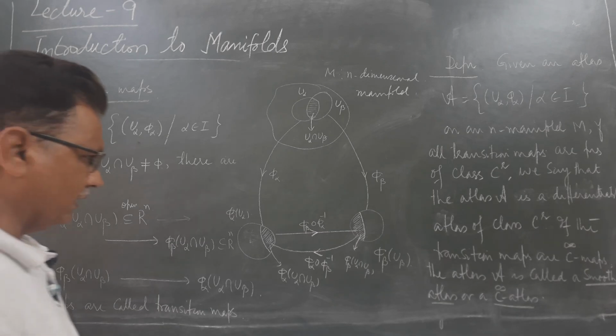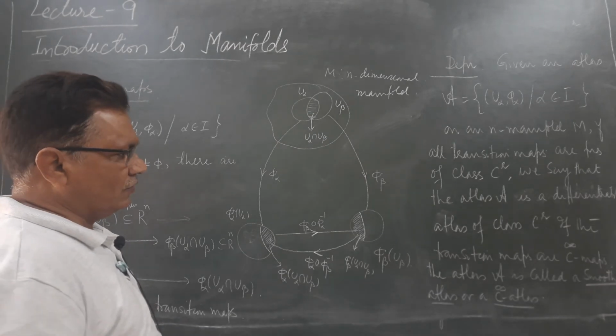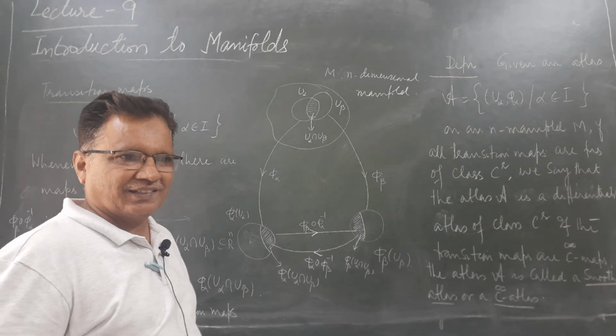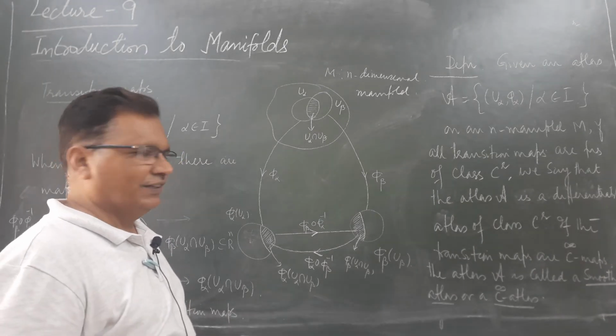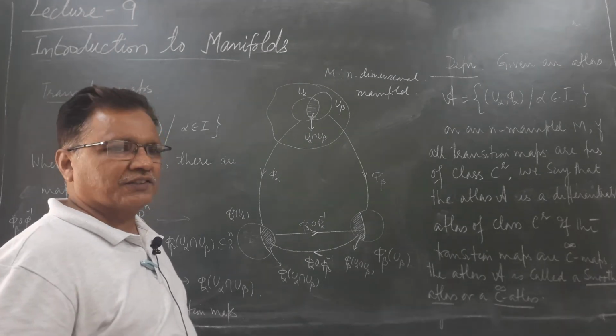अच्छा, अब जो एग्जाम्पल आपके हाथ में हैं वहाँ पे चेक करिए कि कौन से एटलस जो हैं वो डिफरेंशियबल एटलस हैं और कौन से नहीं. यस, R^n से शुरू करिए. तो वहाँ तो आसान है.